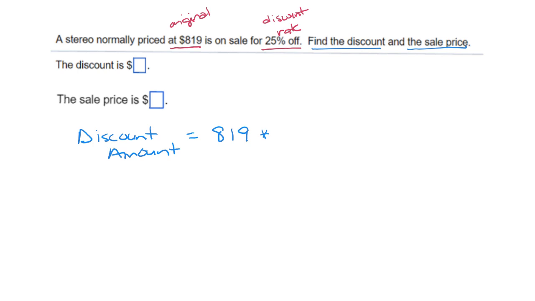We want to take that rate and change it to a decimal. Original price times the discount rate is going to give us a discount amount of $204.75. Remember, if it doesn't say where to round to the nearest cent.